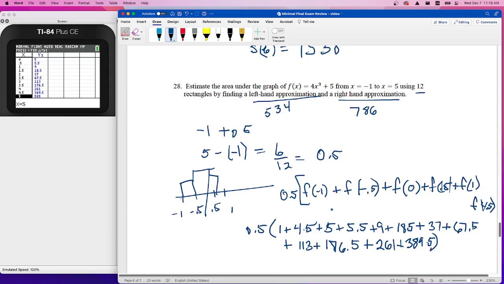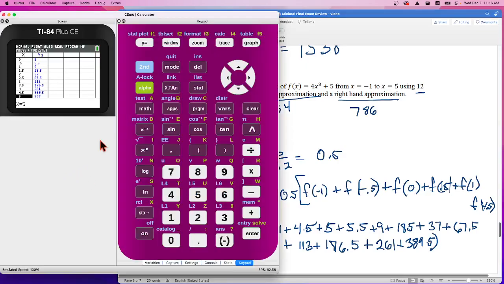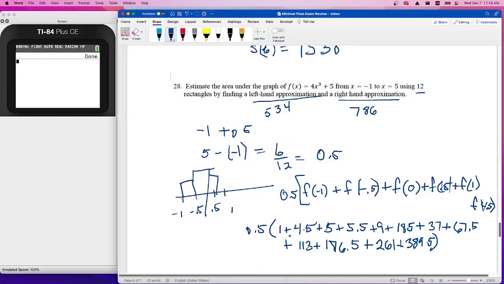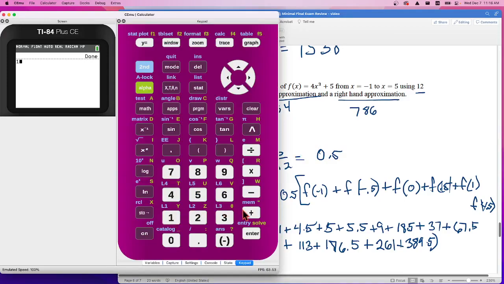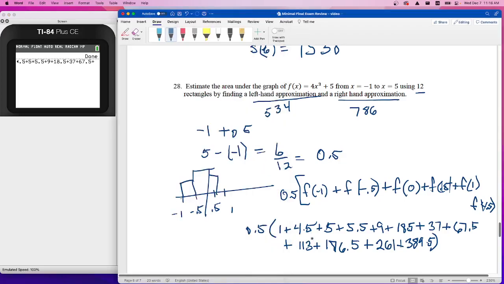So we're going to add all of these together, multiply by 0.5, and I'll just do that. Okay, so we get, just to show you the tediousness, I'm not going to do the second one. You know what the answer is supposed to be, so you can match to that if you need to for practice. Plus 5 plus 5.5 plus 9 plus 18.5, 37 plus 67.5 plus 113.